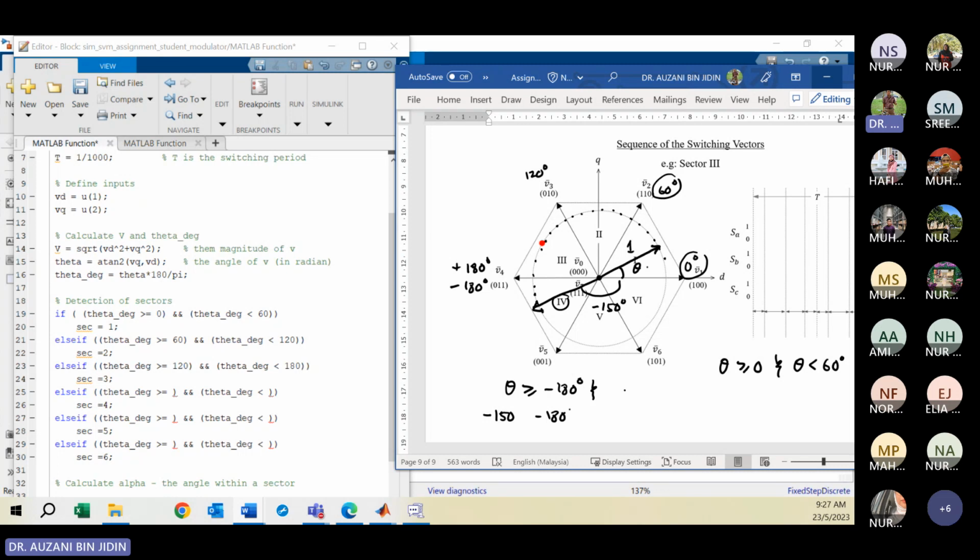And the second condition must be less. Less than what? So here will be what? V5 angle, what is the angle for V5? 120. Right. V6, 60, minus 60.